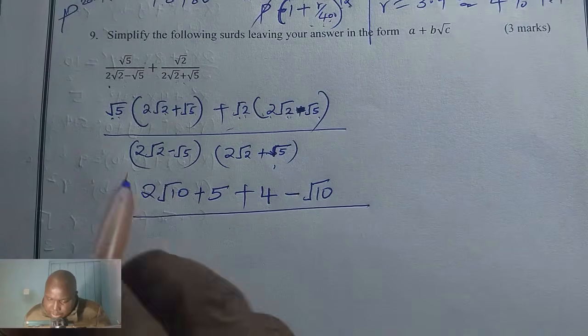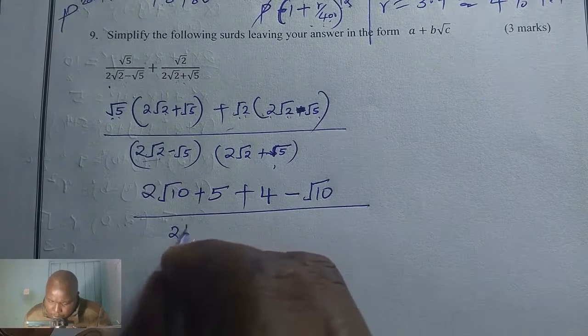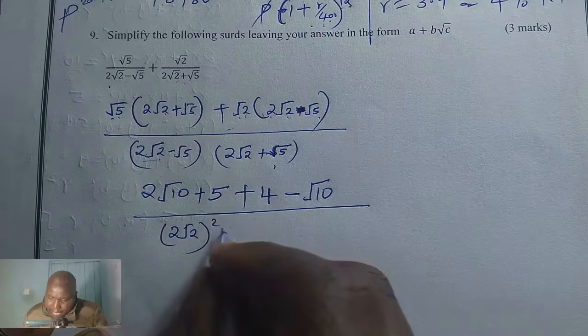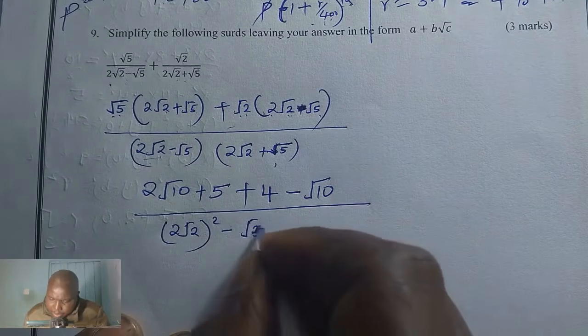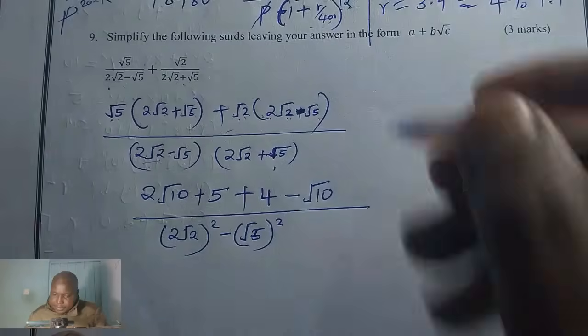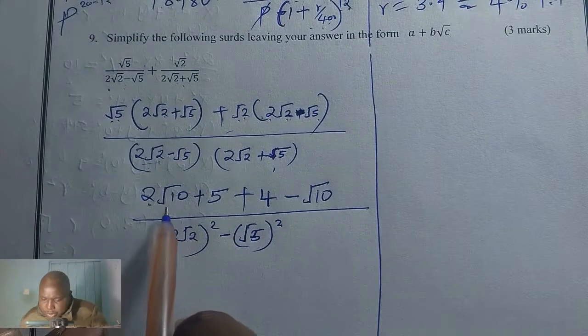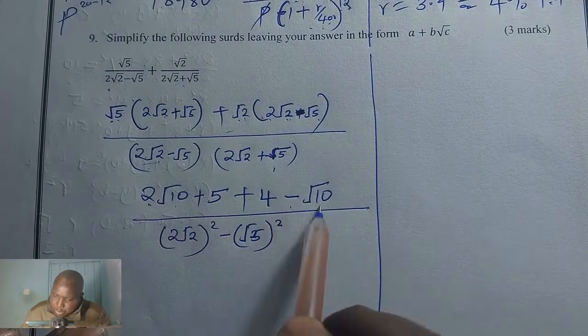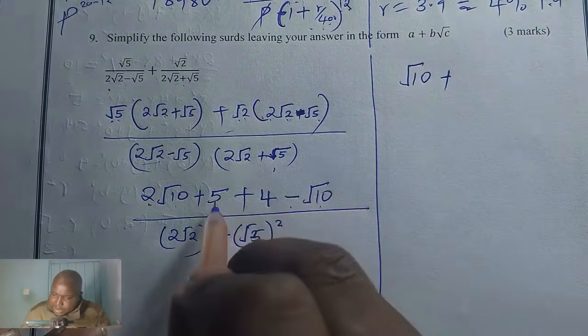For the denominator, you take the first term, that is 2 root 2, you square, minus the second term, root 5, you square. So 2 root 10 minus this, we are going to have root 10 remaining plus this 9.